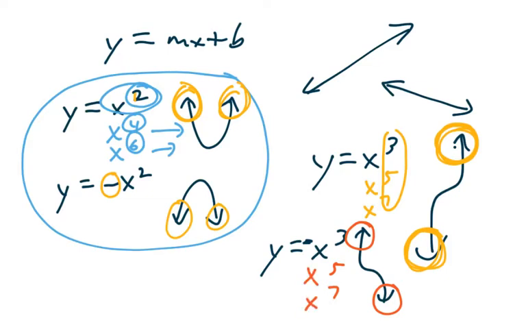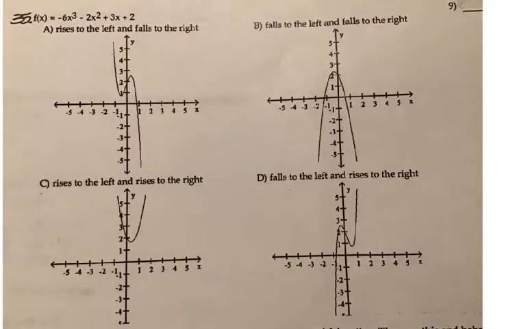Okay, so if you understand that, we can put this into action here. So here we go. On this problem right here, notice that it is a negative 6x cubed. What does an x cubed look like? It looks like this. What does a negative x cubed look like?